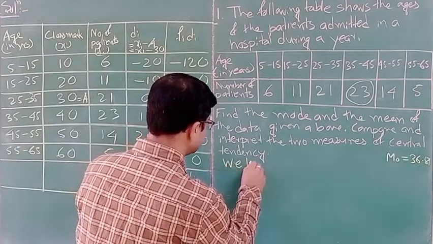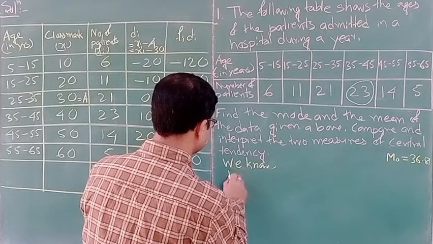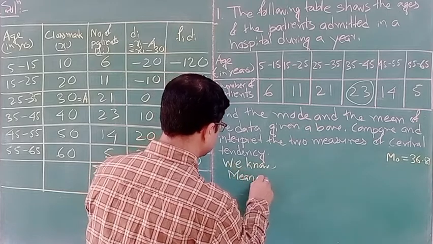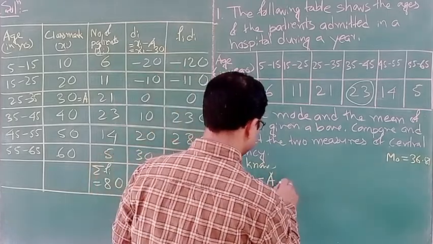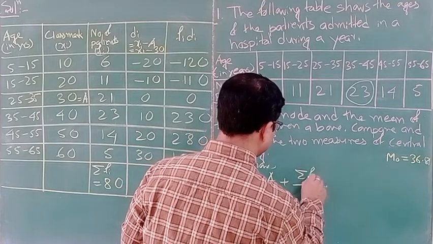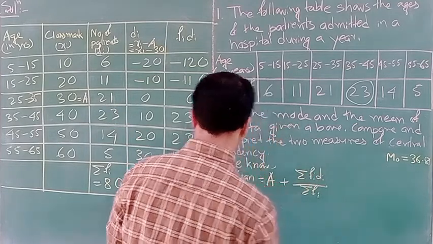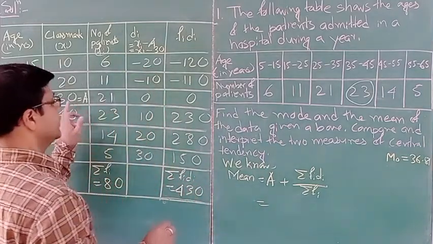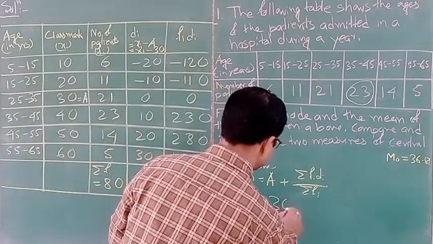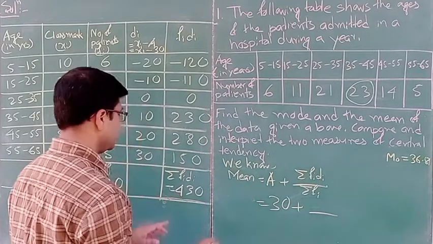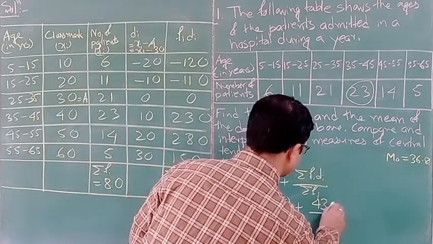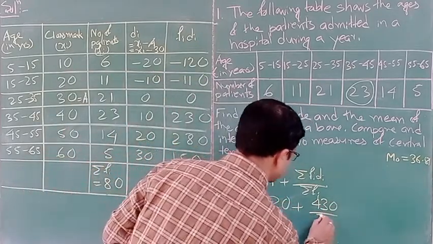We know mean equals a plus summation of fi di by summation of fi. Let us calculate. The value of a is, we have taken 30, summation of fi di is 430, summation of fi is 80.